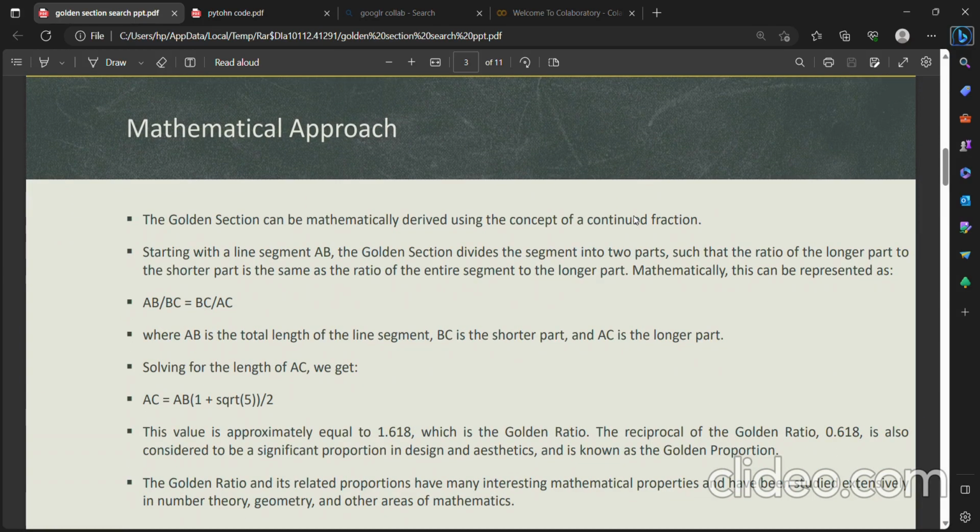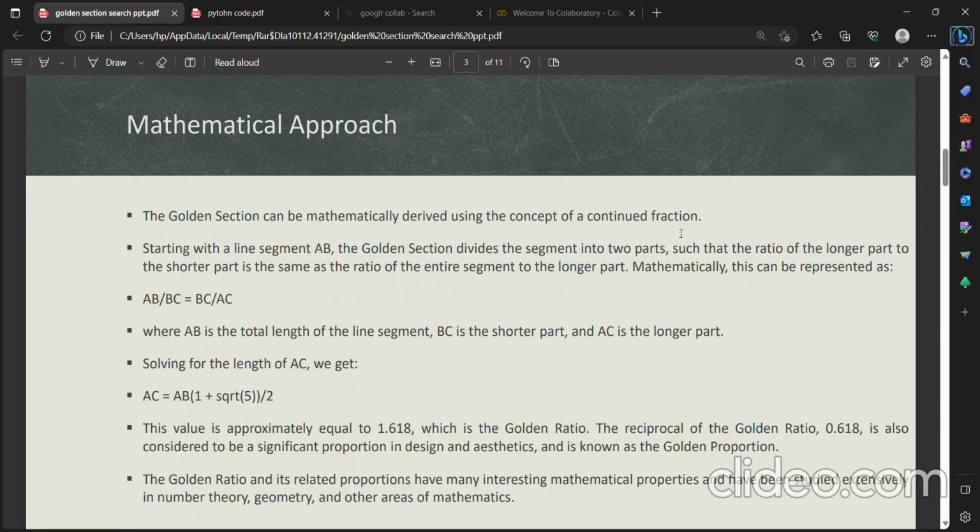The mathematical approach of the golden section. The golden section can be mathematically derived using the concept of continued fractions. Starting with a line segment AB, the golden section divides the segment into two parts such that the ratio of the longer part to the shorter part is the same as the ratio of the entire segment to the longer part.